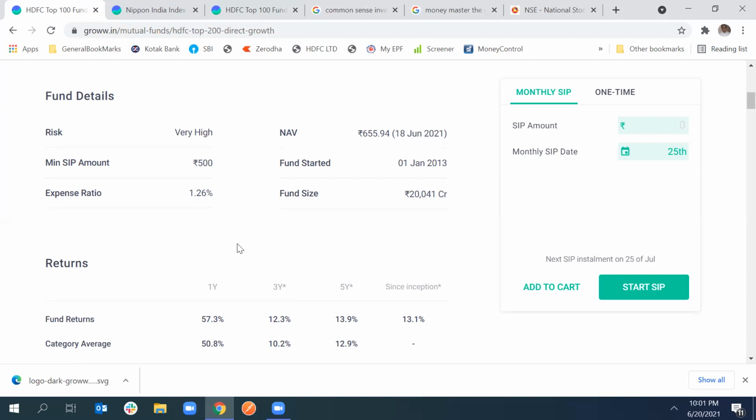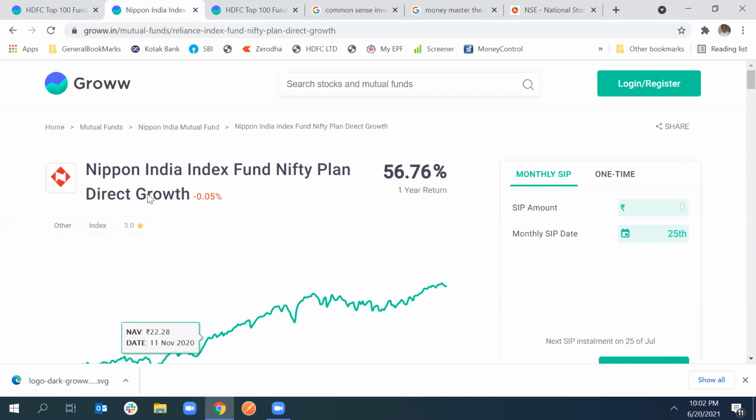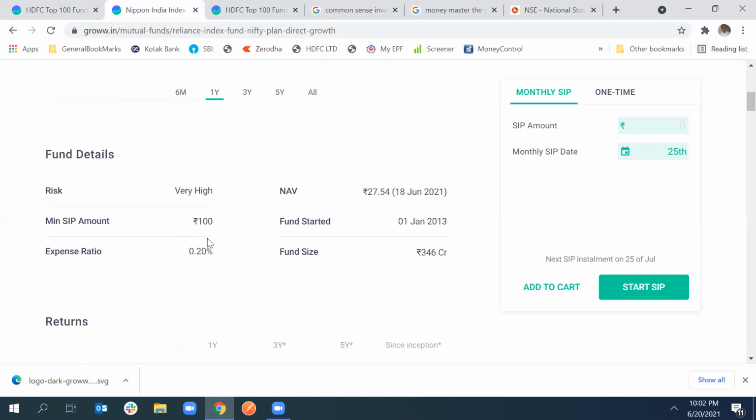Then SEBI came in, and the AMC charges or expense ratio became around 1.8 or 2%. Then they came along with indexing, and it is just 0.2%. It's the same company, the same Reliance. This was Reliance before, now it's Nippon India. The same AMC offers a regular plan as well as an index plan, but the expense ratios are directly different, right? Hence the expense ratio is an important aspect you can't ignore.